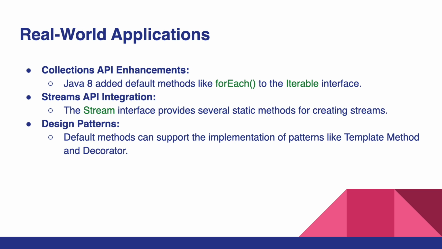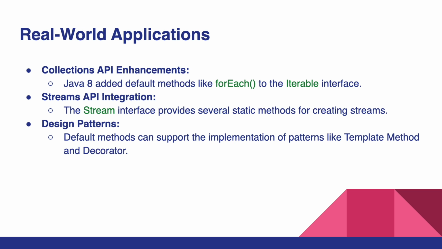In real world applications, default and static methods have been used extensively to enhance existing libraries. The Java Collections framework, for instance, added several default methods like forEach in the Iterable interface, providing new capabilities without breaking existing code.